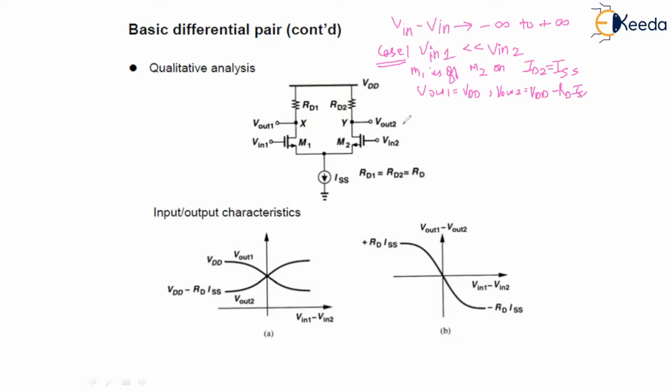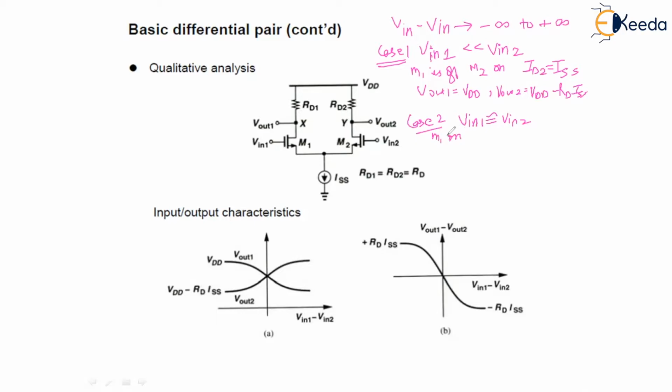Now let's take another case. If this Vin1 is brought up close to this Vin2, then what will happen? M1 will also turn on, as M2.